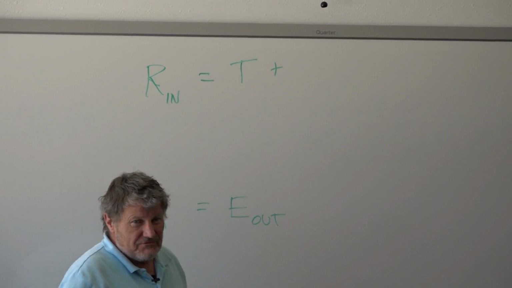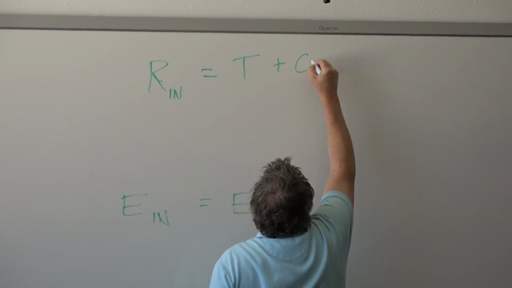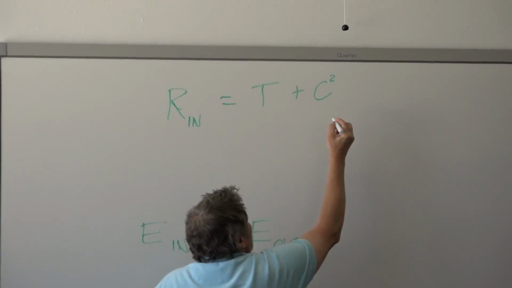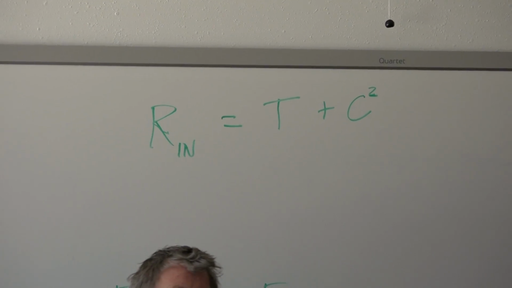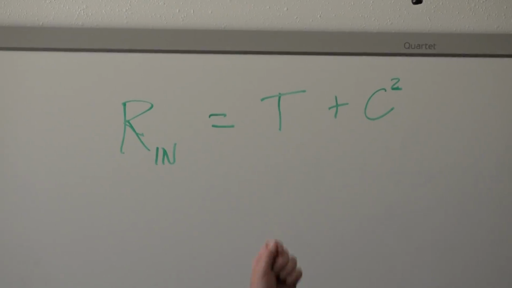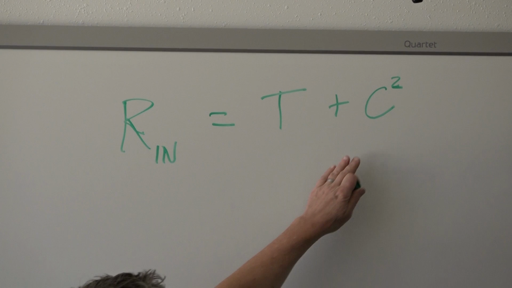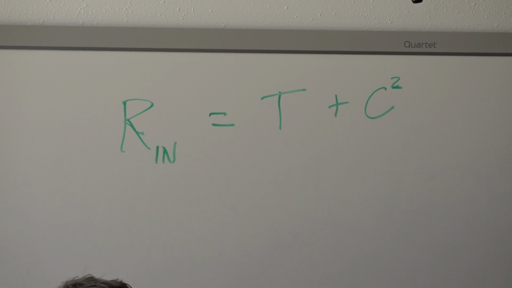Now different people use different symbols for these, but I have typically used C squared, that's a 2, for conduction and convection, which we consider simultaneously. One's the heat going to the molecules and the molecules blown away, but they're in one term. This doesn't mathematically mean C times C, it just means there's C squared.